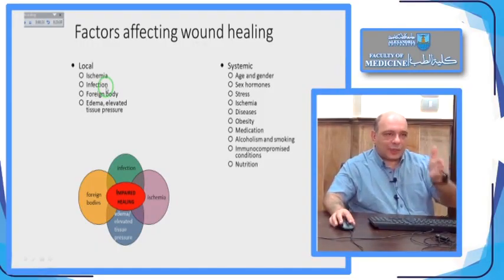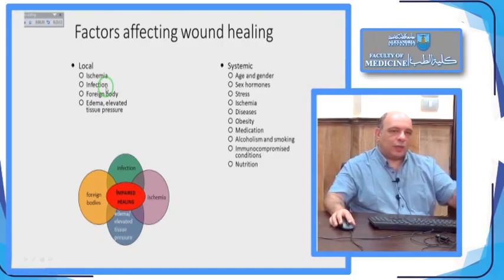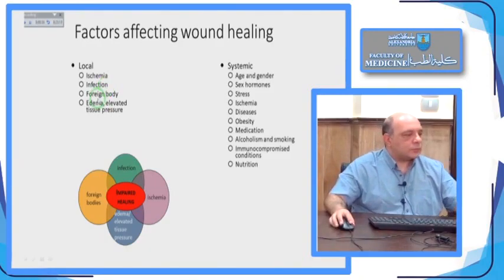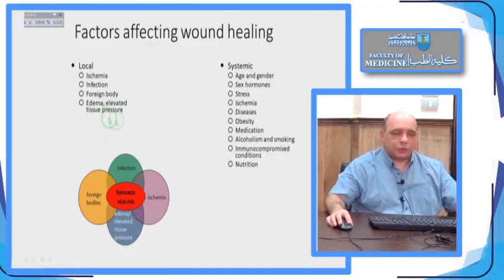You cannot enter the second proliferative stage until you have a clean wound. The body has to eliminate infection first. Foreign body, of course, will affect the healing. Also edema and elevated tissue pressure.